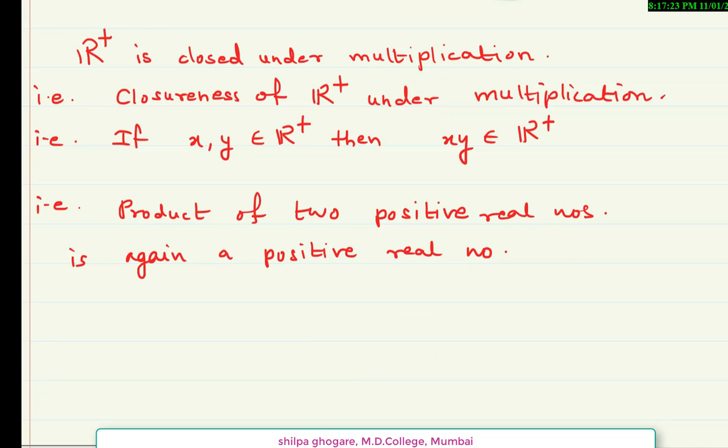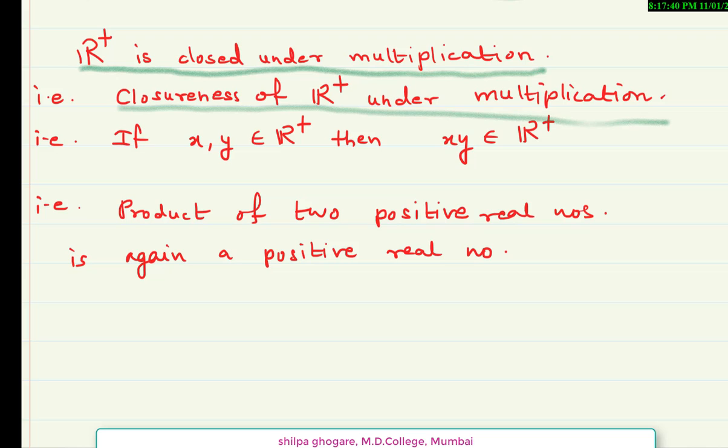Now let us see the closure for multiplication. A very important property of R plus is that it is closed under multiplication, also said as closure of R plus under multiplication.